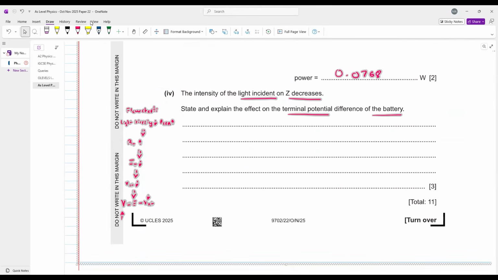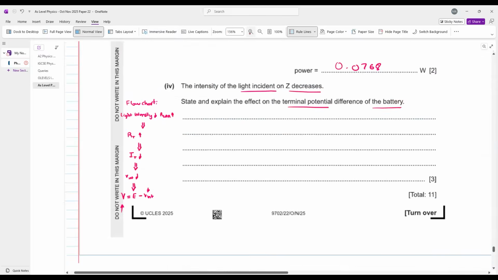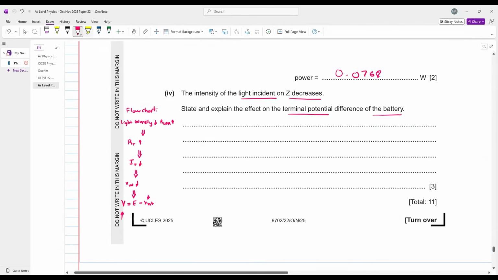So first of all, what will you say? You will say, as the light intensity decreases, the resistance of LDR increases.